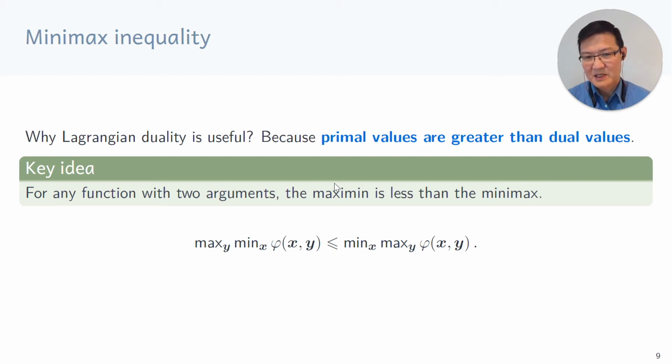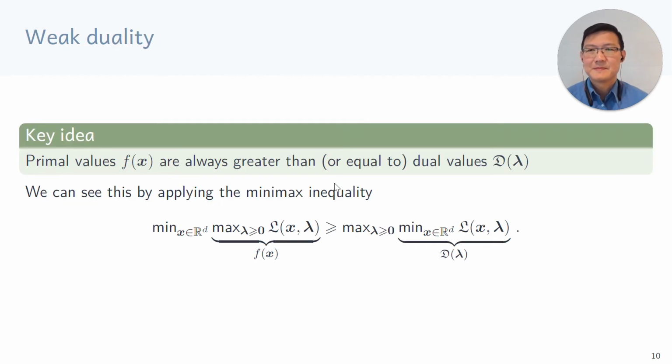So in other words, as shown by the equation here, for any function phi of two arguments x and y, the maximum over y of the minimum over x is always less than the minimum over x of the maximum over y. This idea can be used to show that the primal values are always greater than the dual values.